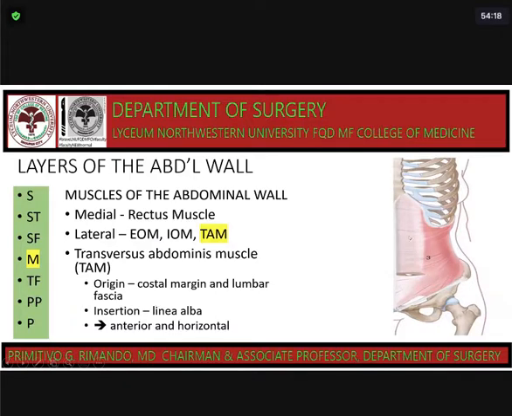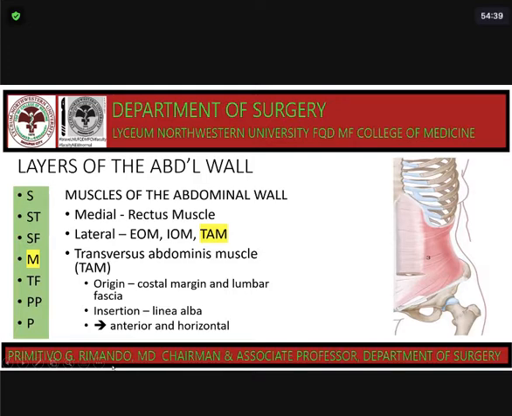And lastly, your transversus abdominis muscle. The origin is your costal margins and the lumbar fascia, so it shares the same origin as your internal oblique. It inserts into your linea alba, and the direction is anterior.